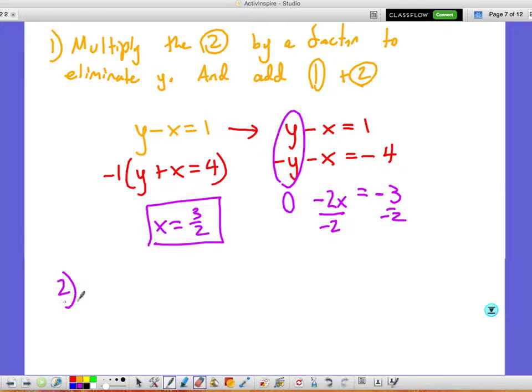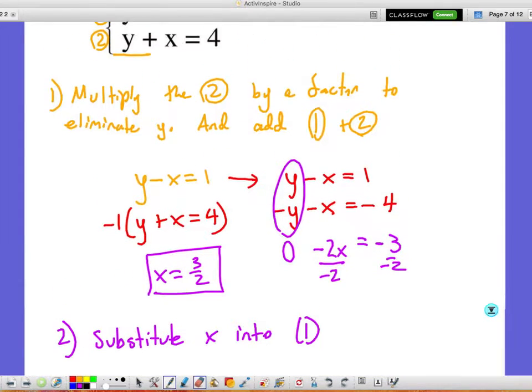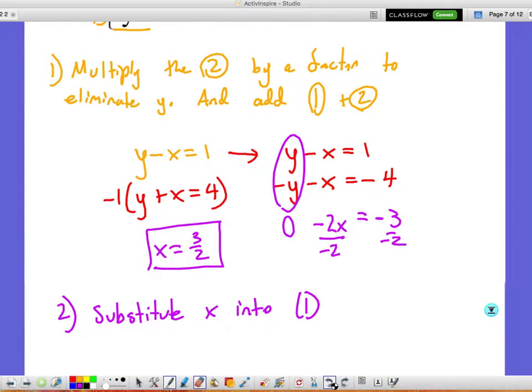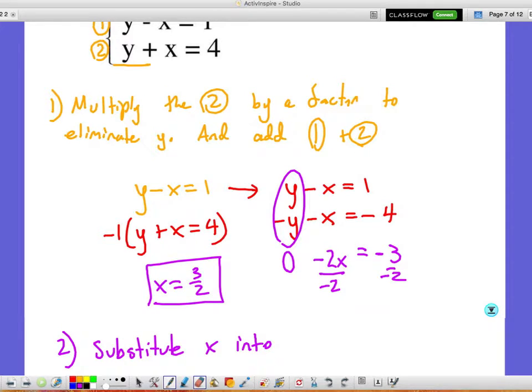Alright, so we're going to go ahead and go to step 2, which is basically, since we already solved for x, we're going to substitute x into the first equation. Actually, what the book says is to use the equation that you multiplied at the very beginning.